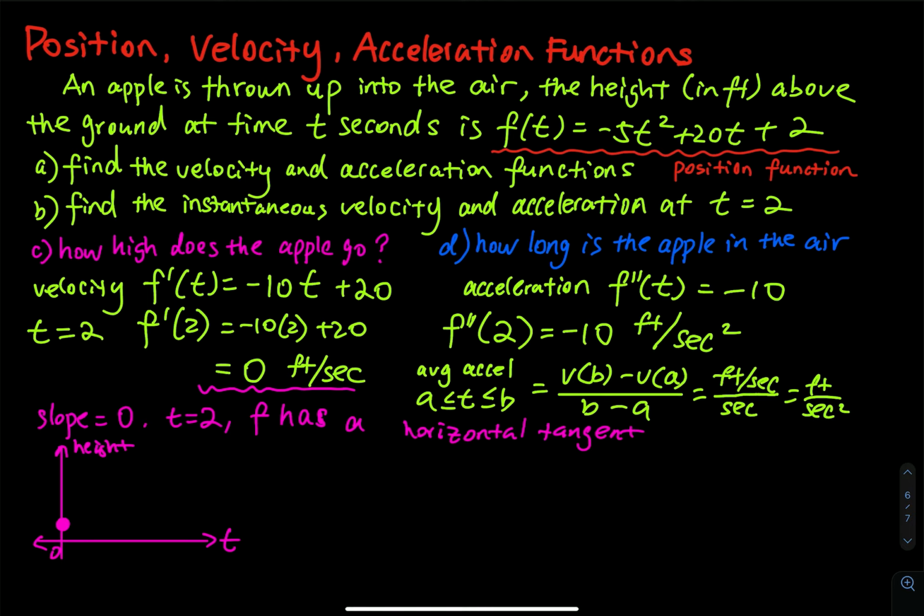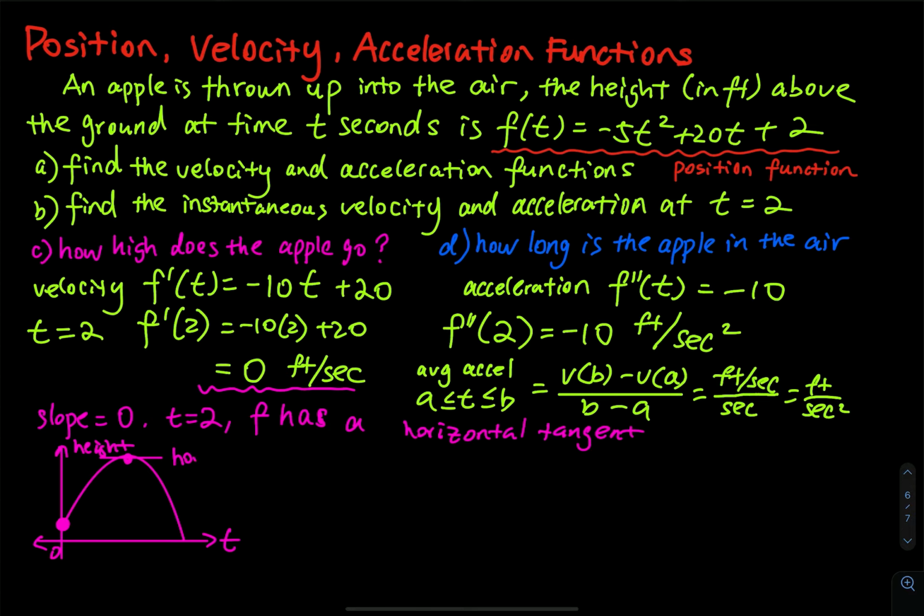This parabola has a leading coefficient of negative 5. We have negative 5t squared. That tells me this is an upside down parabola that looks like this. And at this point, we have a horizontal tangent.